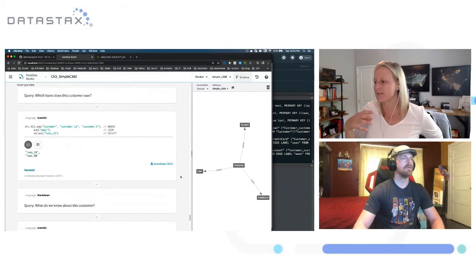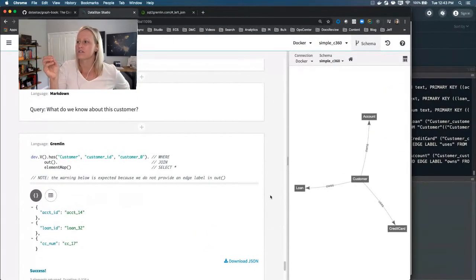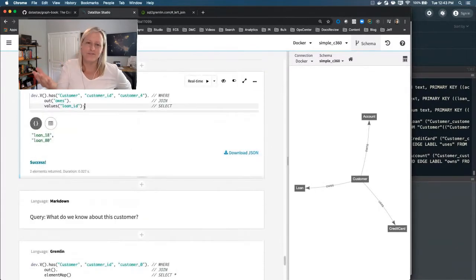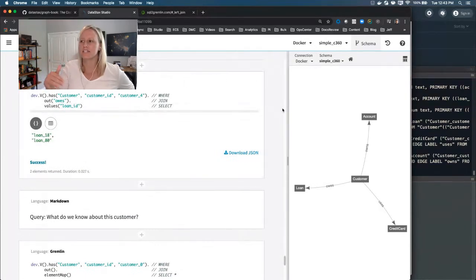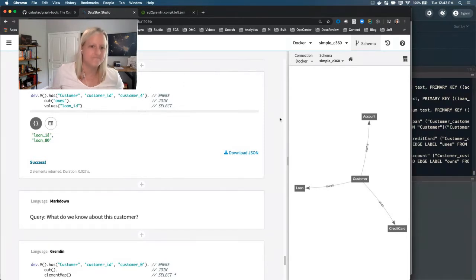So we start back at the beginning and we say, start at this customer, walk out the owns edge, go to the loans and give me the loan IDs. Okay. Yep. And that just reinforces that same pattern of where, join, select. Right. I'm just seeing this for the first time, honestly, and having another example of a different customer doing the same thing, it's like, oh, okay, simple enough.